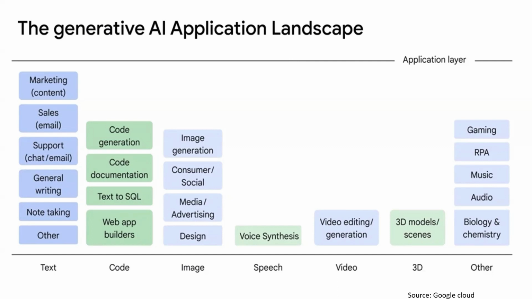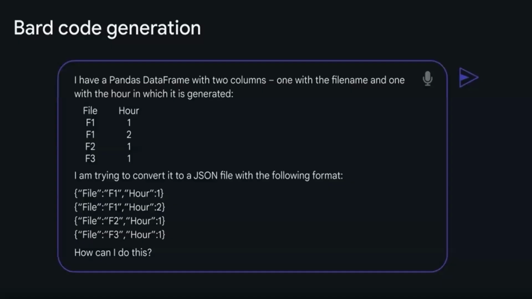So we have seen how foundation models can help. Can generative AI applications help in code generation for the task that we want to perform? Absolutely. If we look at this diagram, we see that code generation is one of the tasks it can perform.